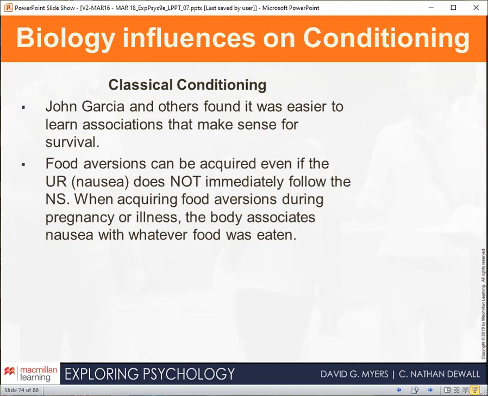So you eat something, and as we talked about before, for conditioning it's ideal for the neutral stimulus and the unconditioned stimulus to happen immediately. You get sick, for example. But here it's saying that you can delay it by hours.